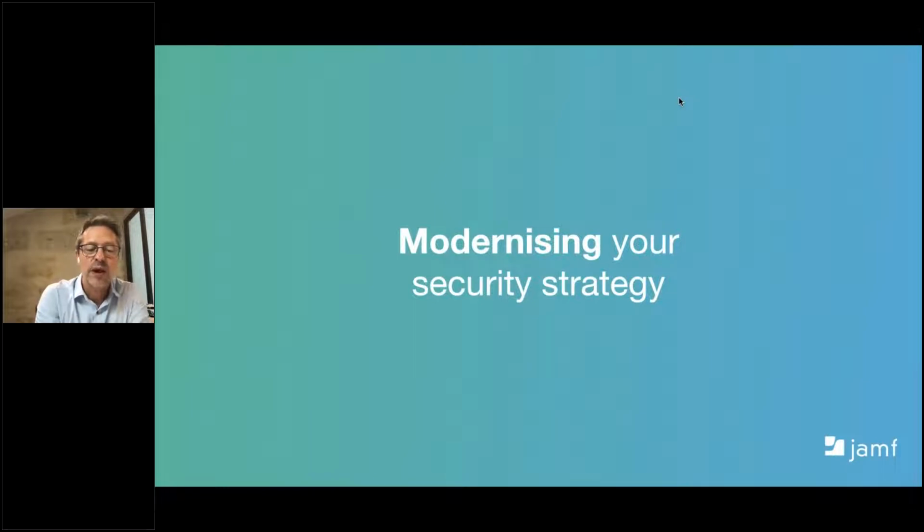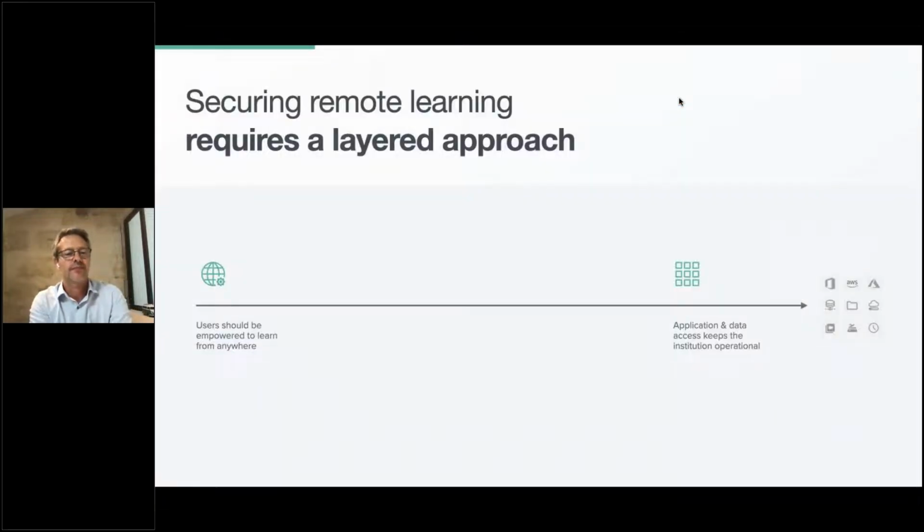Taking this information, how can we modernize the security strategy of the university to counter these threats? Keeping all those vectors in mind, user and behavior, apps, devices, and network, we need to build a strategy that helps people get oriented to the applications that allow them to be productive, but also makes sure they get the right security checks in place.